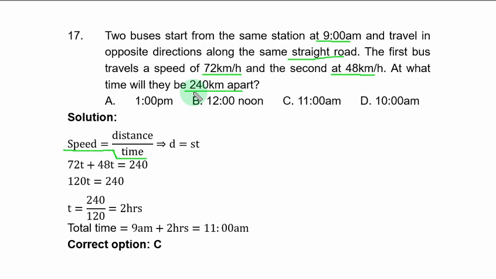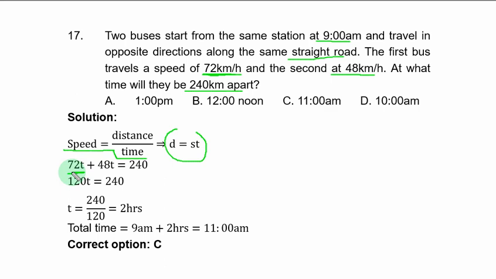So if you decide to make D the subject, you have D is equal to speed times time. From the journey, the first bus speed is 72 kilometers per hour. Therefore, the distance for the first bus is 72 times time, which is t. That is what you have here.